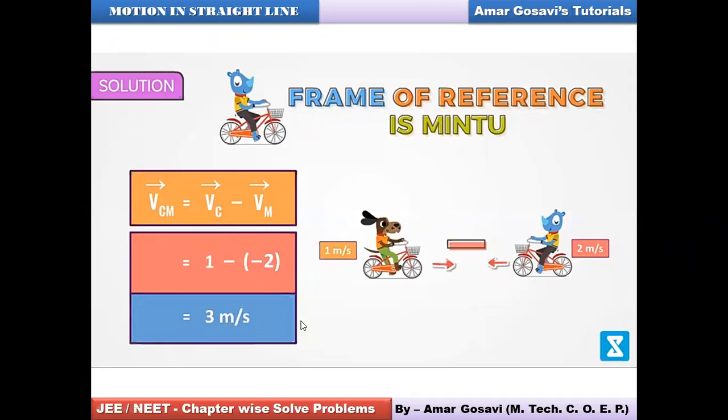So in a way, if they approach towards each other, even if one is moving with 1, the other is moving with 2, the relative velocity between the two would be 3. That's what I wanted to say. Hopefully you have understood this. Please make a note of understanding in the feedback section. These are the concepts which we are going to use while solving problems, friends.